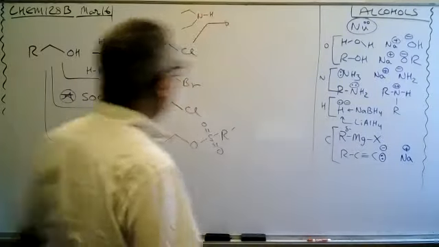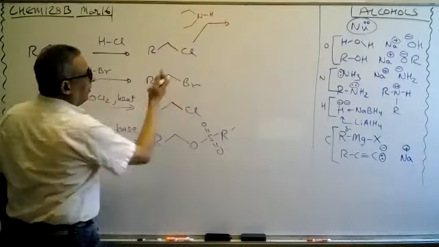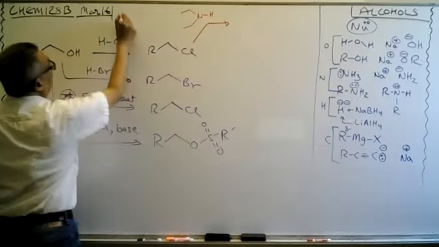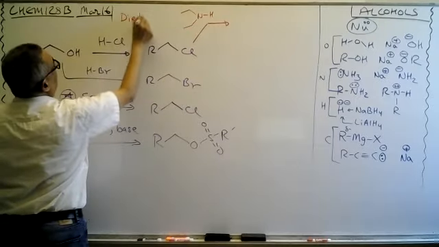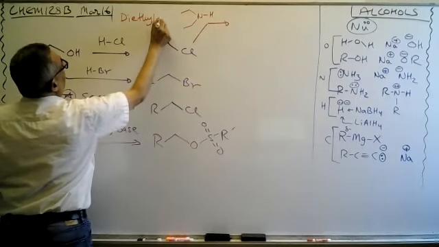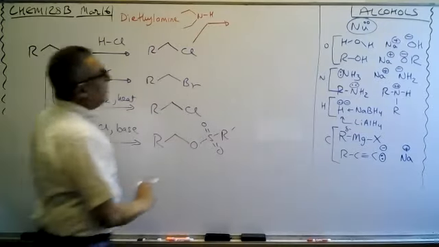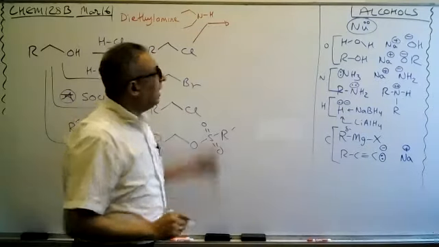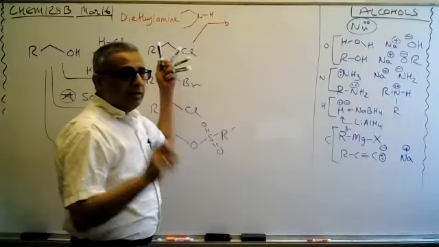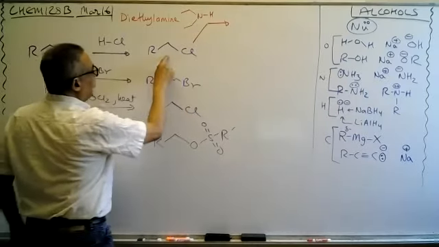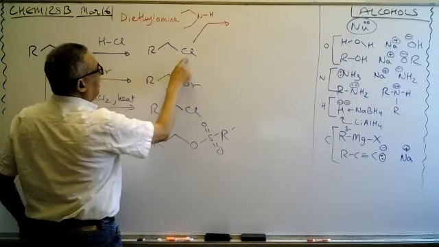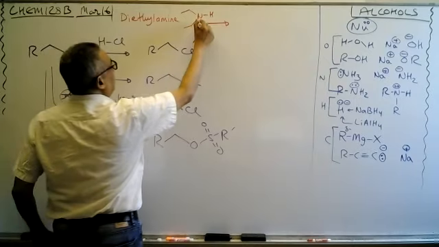If you're just curious, we can call it diethylamine. And the product will be, it's going to be a reaction that you have seen before, SN2, alkyl halide reacting with a nucleophile.